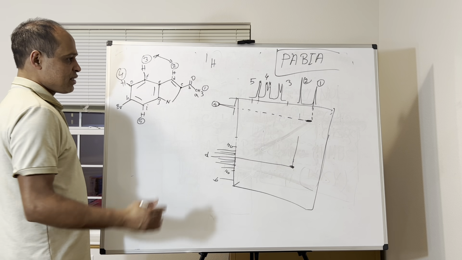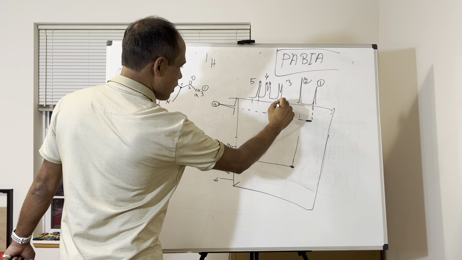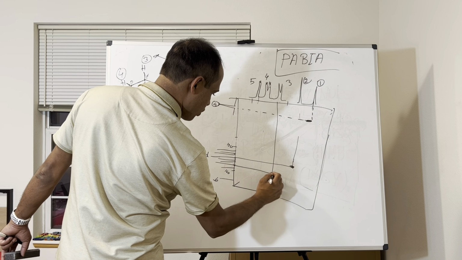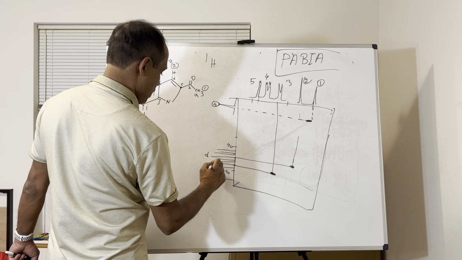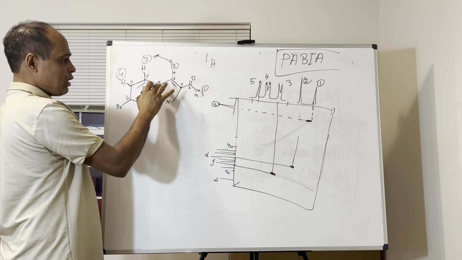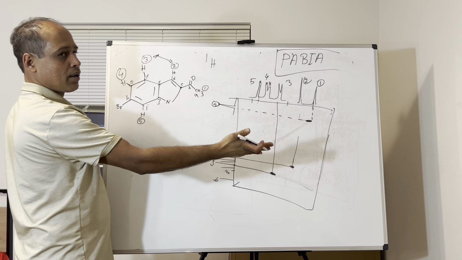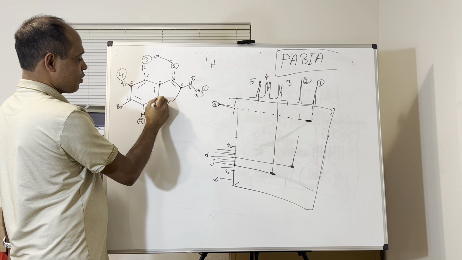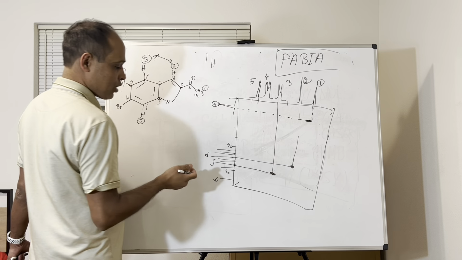Same way number 3. If you see number 3 somewhere here and you get a cross peak here, you can say, okay, this is F. And E doesn't have any proton, so you will not see any cross peak here because you need a proton. And J doesn't have any proton, so you will not see any cross peak for J.